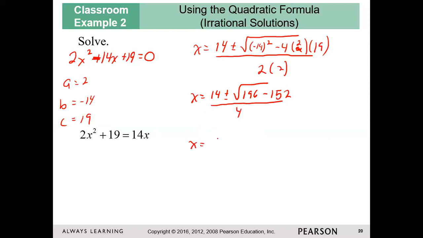So x equals 14 plus or minus the square root of 196 minus 152, which is 44, over 4.